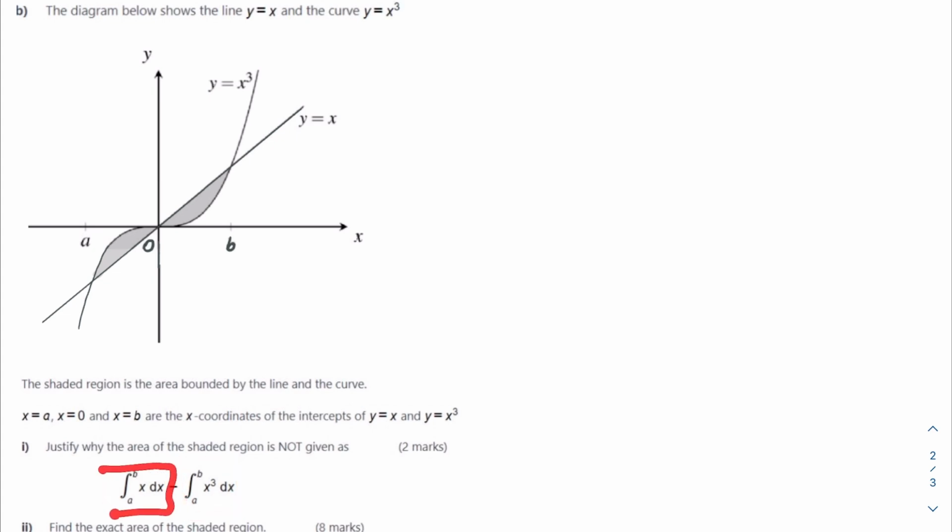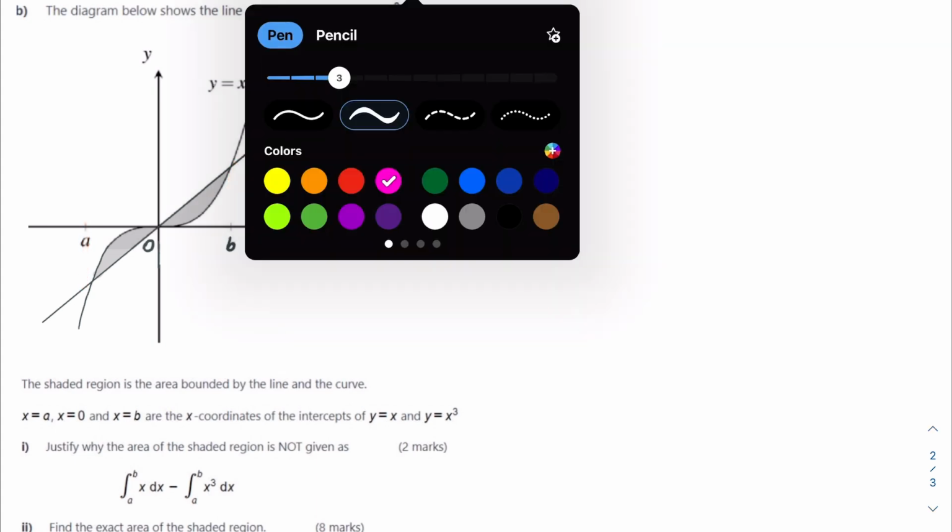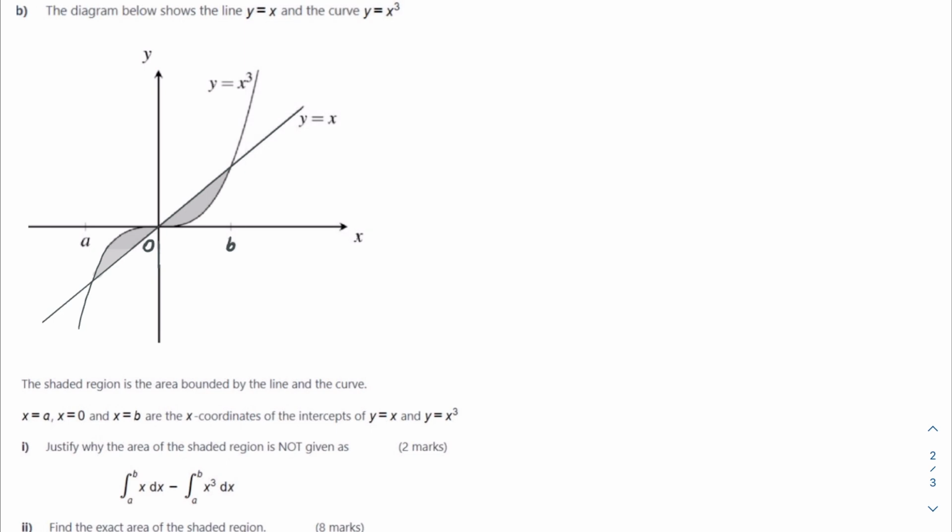So this looks like the area between the line and the x-axis from A to B. So that looks like, if I try to shade it, if that's B and that's A, then it's this area.